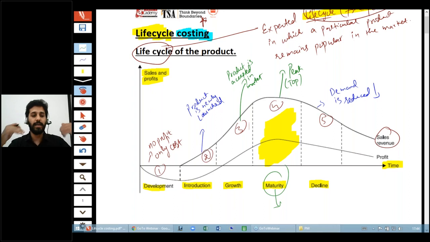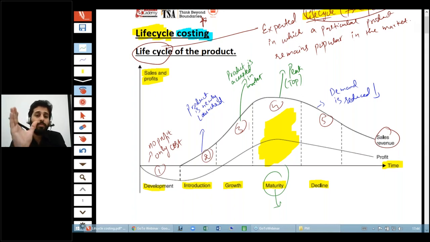So WhatsApp is at the maturity stage, and it may be possible that WhatsApp has the threat to be declined, because in this technologically equipped environment, every company is trying to become a market leader, and any new service can be introduced in the market, and there is a threat to my product.